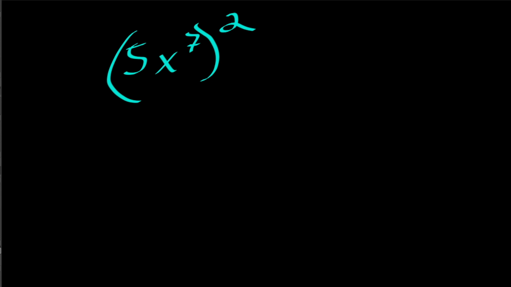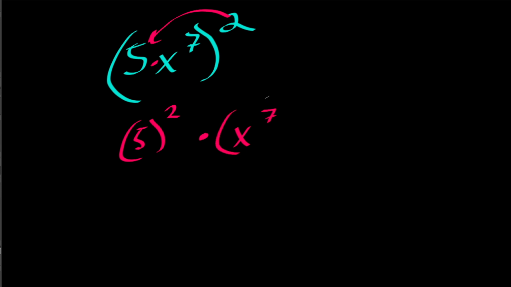So now, let's bring in some coefficients for this, because I've seen some people have trouble with this in the past, so I want to make sure you see it. 5x to the 7th, all raised to the 2nd power. Now, this can be a little confusing for some people, but here's what we have going on. Since the 5 and x to the 7th are multiplied, this 2 actually applies to the 5, so it would look like this, 5 squared, and it applies to x to the 7th squared.